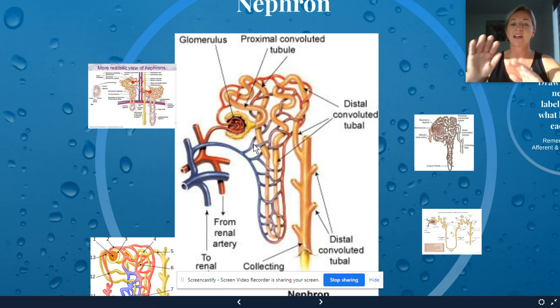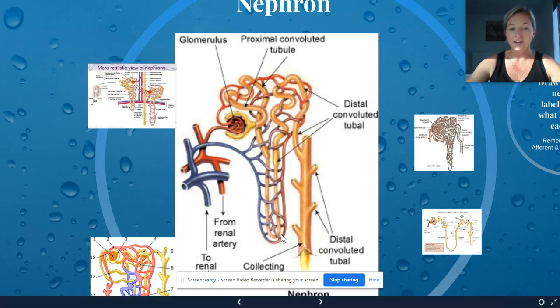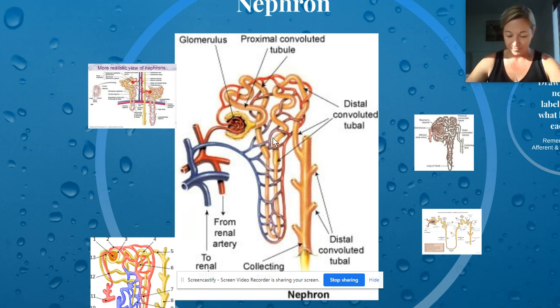So peri means around. So all these tiny capillaries are around, surrounding the nephron tube. So they're peritubular: around the tube, capillaries. Cool. Right, so you've labelled the nephron.